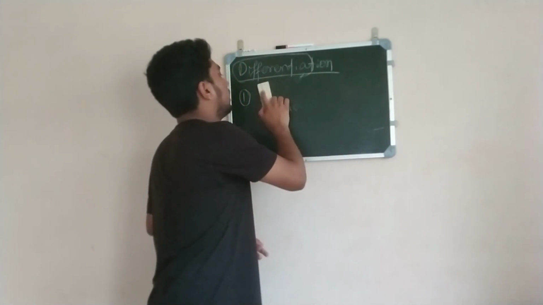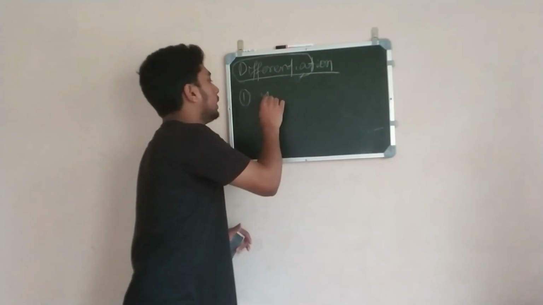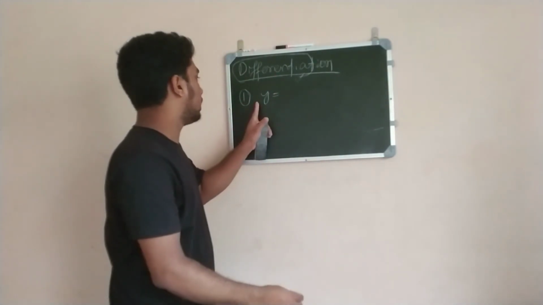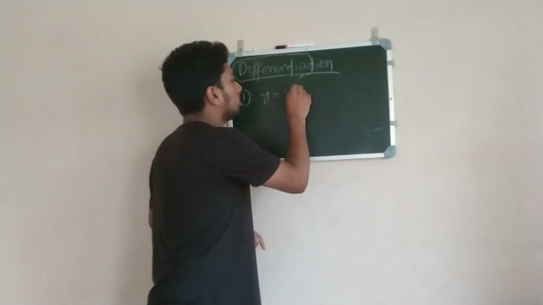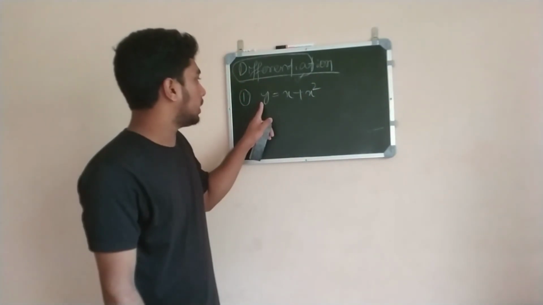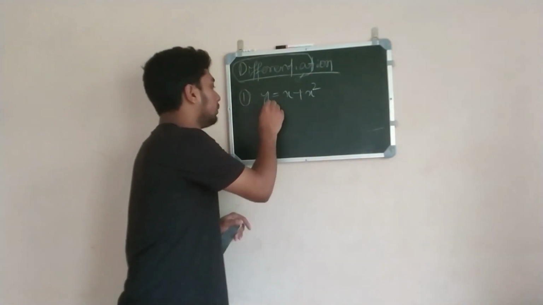Let's discuss some examples. For example, y is given. Y is our function f; instead of f, I am writing y. So y is x plus x square. Then how can I find its derivative? So dy by dx.